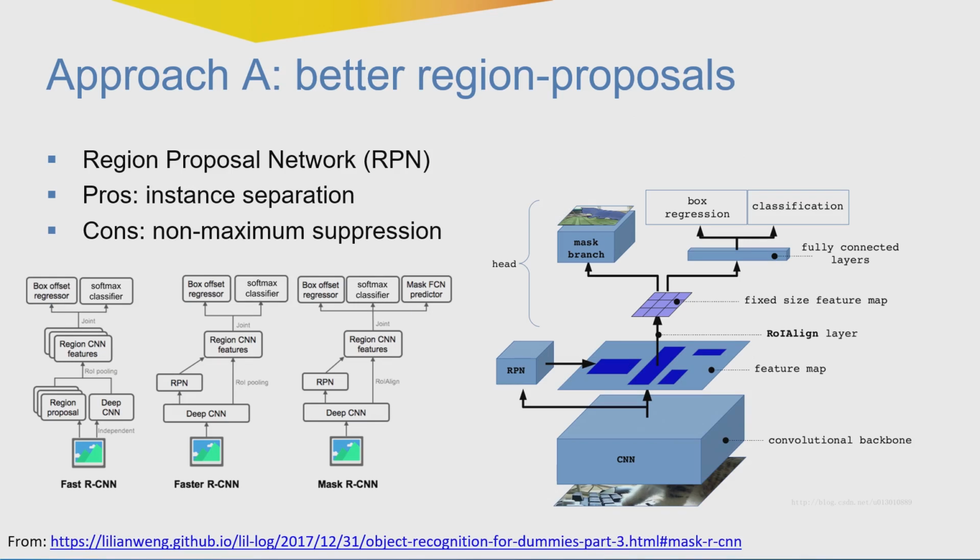Then you take the features in the specific regions and have subnetworks that learn the classification of these object candidates and the exact coordinates of the bounding box inside this region proposal. This is the Faster RCNN. And then for segmentation, they put another branch that learns to segment the object that I found inside my region candidate.